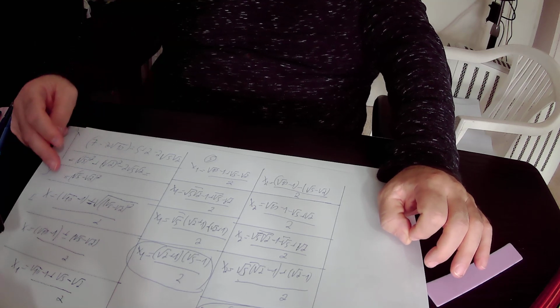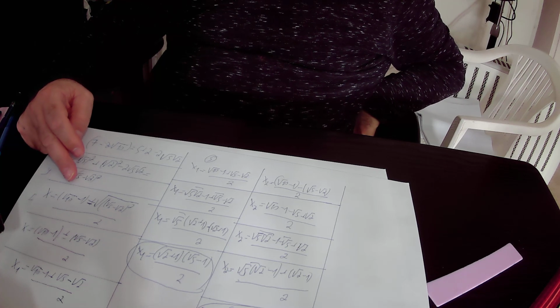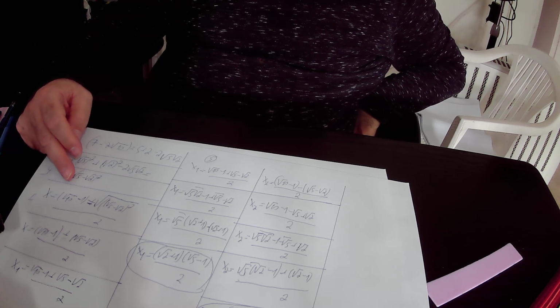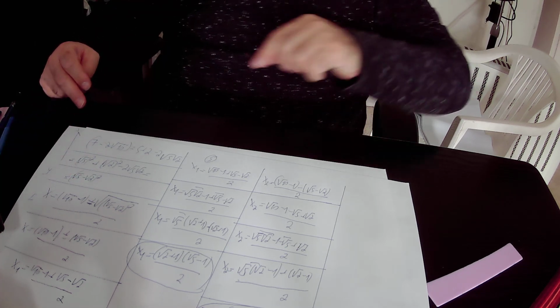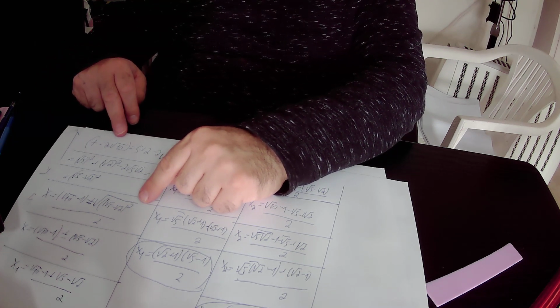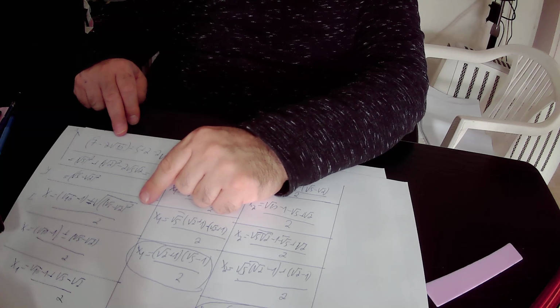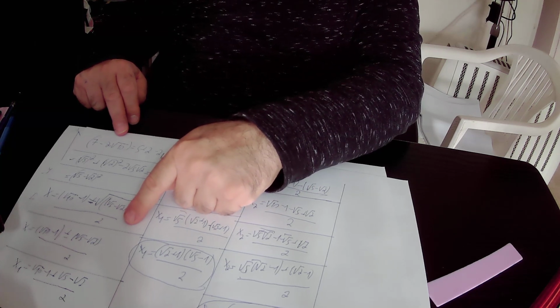We did it, and we got that x equals square root of 10 minus 1 plus or minus the square root of 7 minus 2 times square root of 10, which we substituted by (square root of 5 minus square root of 2) squared, all divided by 2.